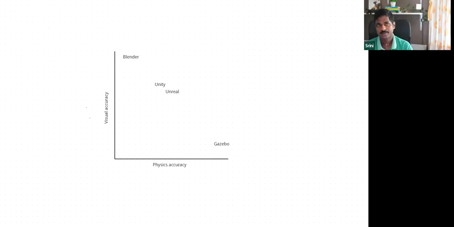Now, what parameters are compromised in this? Multiple things, right? On the physics side, one of the major things that causes a lot of delay in physics engines is trying to find the interaction between objects. Let's say you have a sphere and another sphere hitting it.